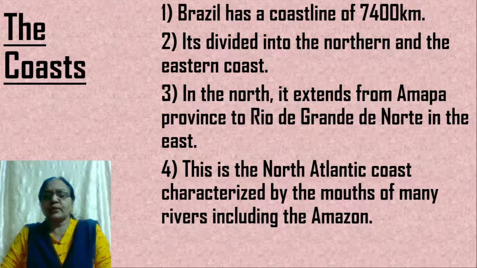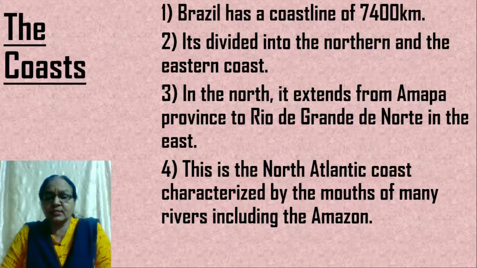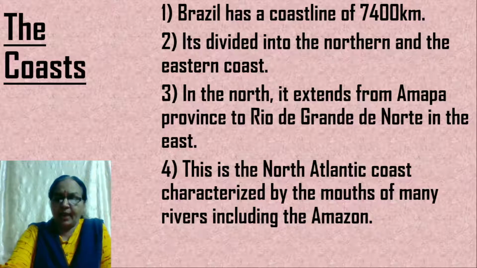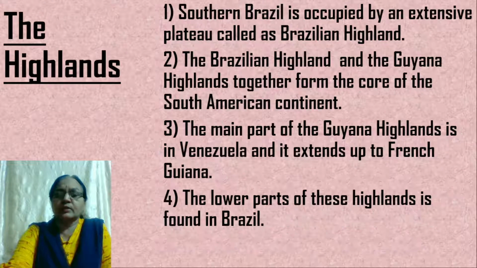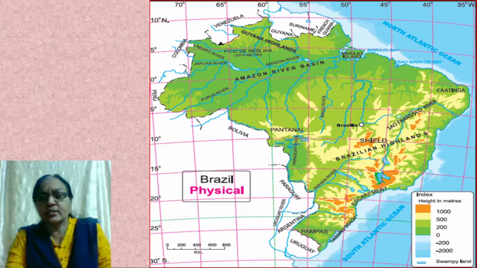Towards the north, it extends from Amapá province to Rio Grande do Norte in the east, and this is the North Atlantic coast and is characterized by the mouths of many rivers including the Amazon. Okay, so look at this here.